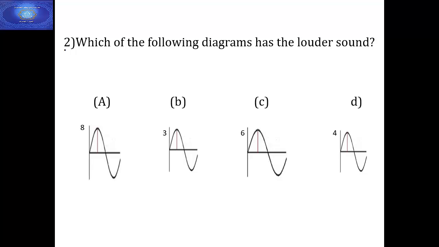Second one amplitude equal 3. Third one its amplitude equal 6. Last one its amplitude equal 4. So which one has the louder sound? Louder sound means higher amplitude. So diagram A refers to louder sound because its amplitude is the highest one.